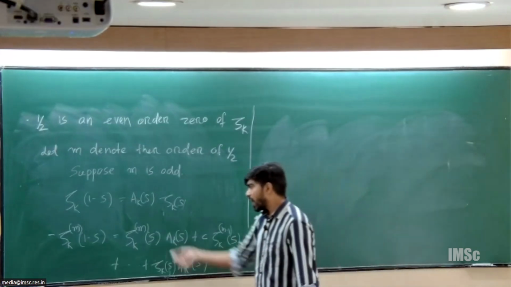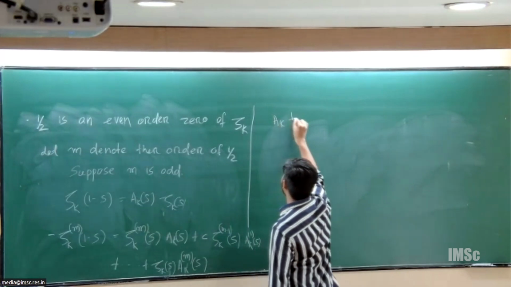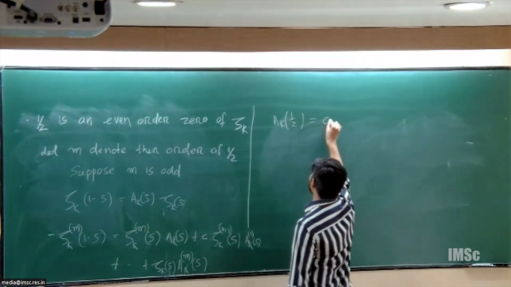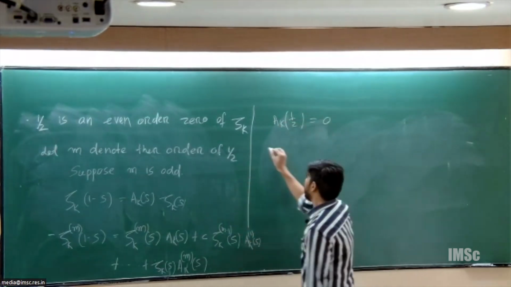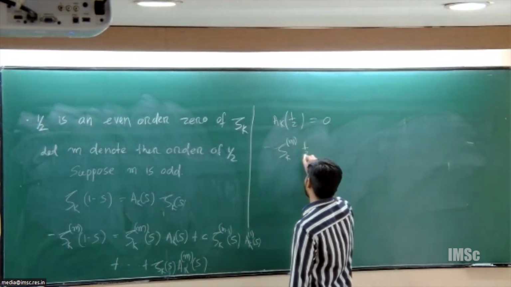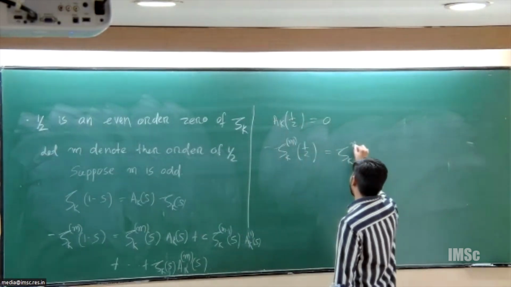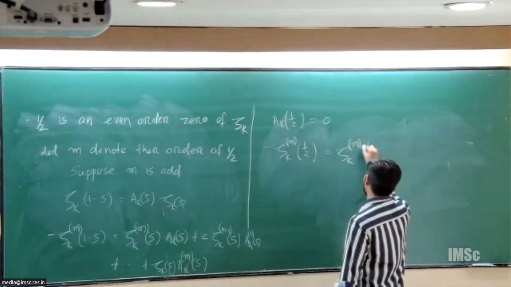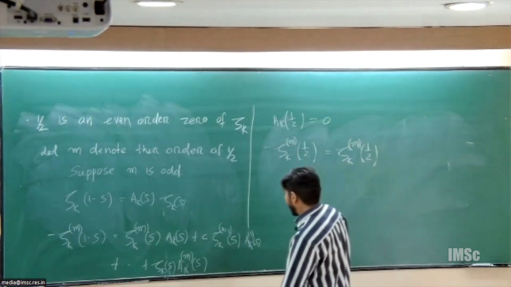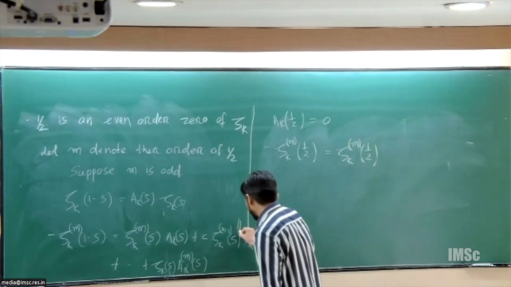Now we'll substitute half in this equation. We have A_K of half equal to 1. So we'll get minus zeta_K^(m) of half equal to zeta_K^(m) of half. And see, half is an mth order zero, so the rest of the terms will be 0.